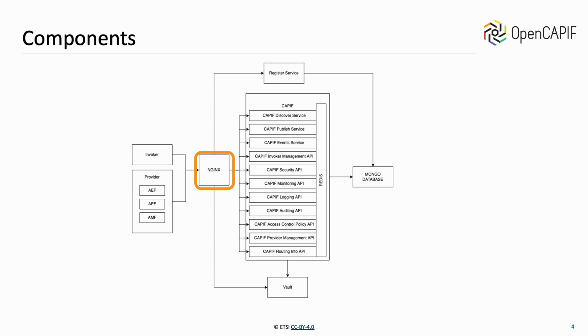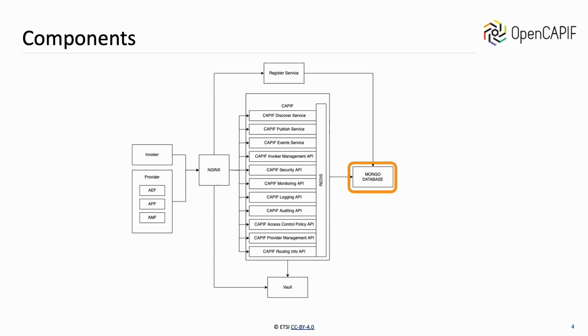The Nginx, which is responsible for establishing a single entry point to the CCF and intercommunicating the different microservices. Vault, which is in charge of managing our CA and signing the invoker and provider certificates, and the MongoDB, which is our database where we store all the CAPIF information.